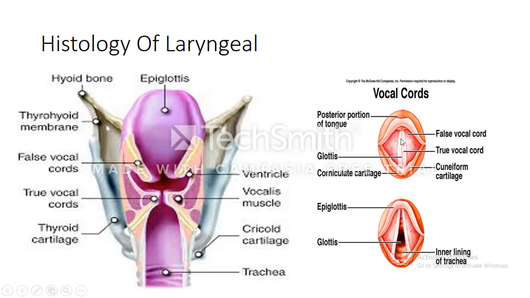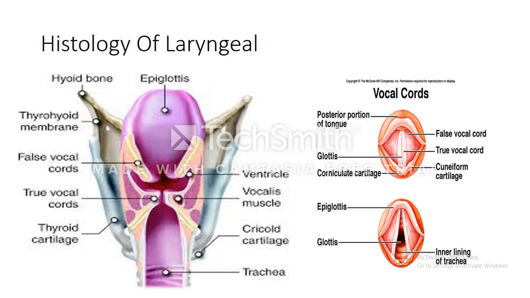In another part of the larynx, the mucosa has pseudo-stratified ciliated columnar epithelium and lamina propria. In this lamina propria structure, the vocal cord observed is called the false vocal cord.